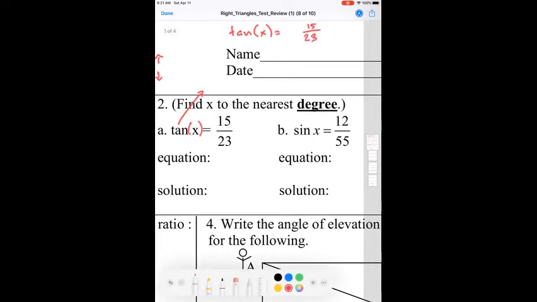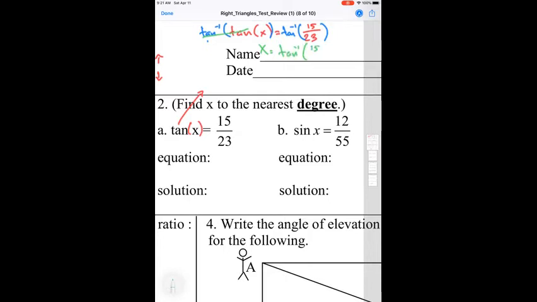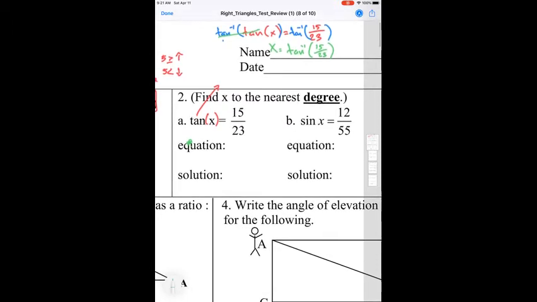What's really happening here is when you use tan inverse, you have to do what you did on one side to both sides. So that's where tan inverse on the right side comes in. Now on the left side, because tan inverse cancels a tan, the tan and your tan inverse are going to cancel each other, and we're left with x. On the right side, we're going to put tan inverse of 15 over 23 into the calculator, and we're going to get our answer. Where it says the equation here, that's what we're going to write.